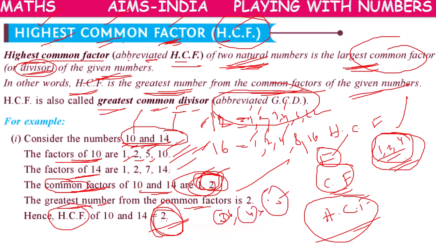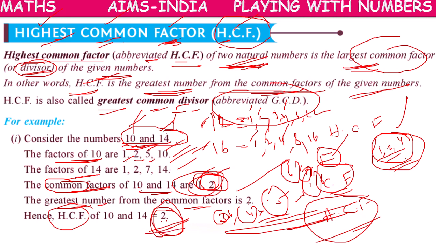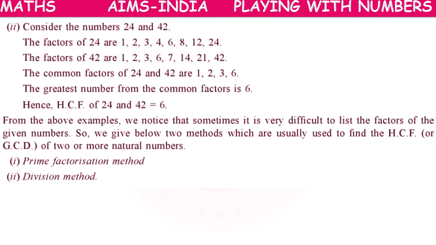Next number 5, 10 is divisible but 14 is not divisible, so it is not a common factor. Next 6, 7, 8, like that you can take all the numbers, but both the numbers are not divisible by any number except this 2. So this 2 is considered as the greatest common divisor or highest common factor of the given two numbers.